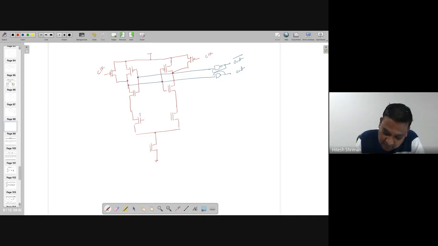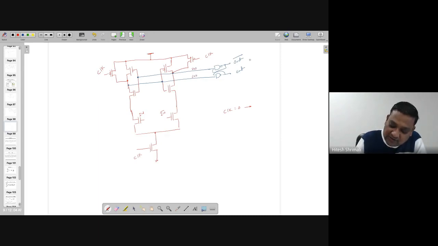So this is in and in bar. First of all, it depends on what the value of clock is. If clock equal to 0, both the outputs are 1, 1, because they are connected to VDD.